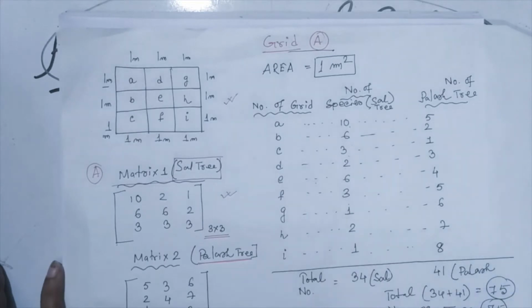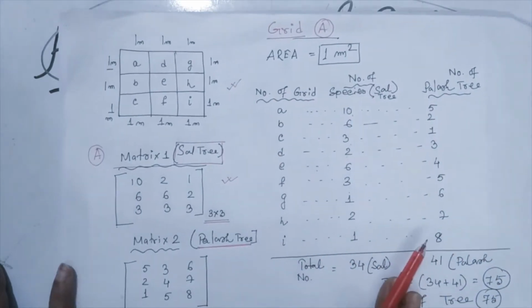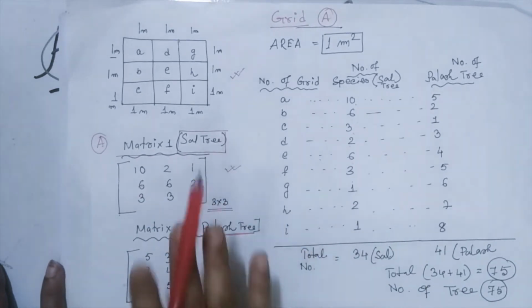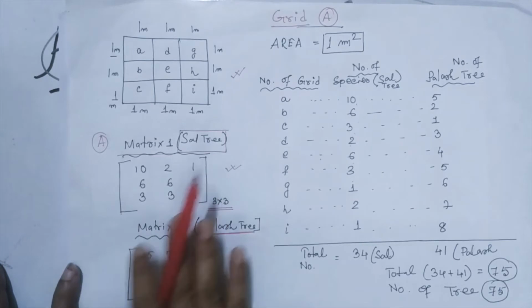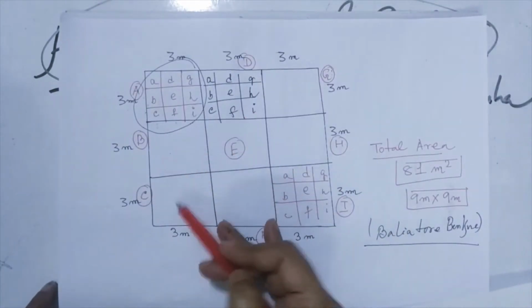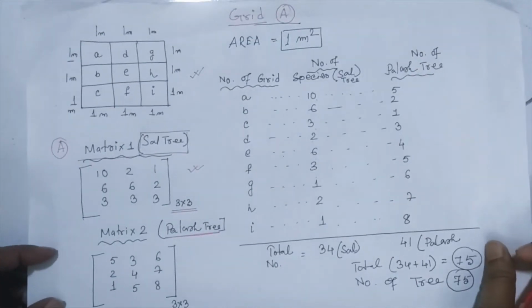This way information may be provided, or you may get the field information in matrix form. Similarly from grid B, C, D, E, F, we can get information in two matrices, for species number 1 and species number 2.